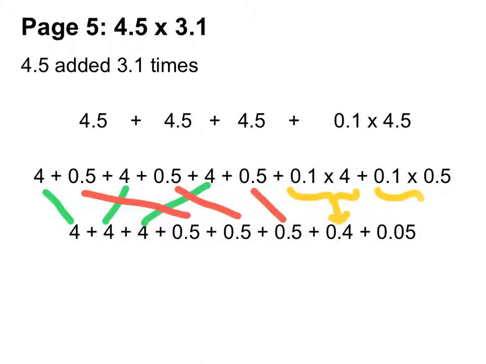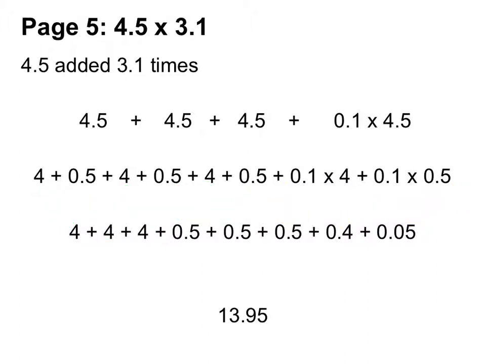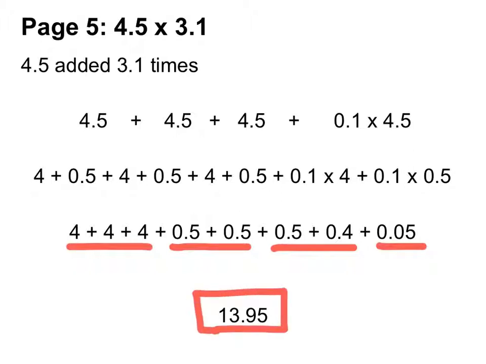And then 1/10 times 5/10 gives me 5/100ths. And now I can just go ahead and add these. Okay, so now I can take the 4 plus 4 plus 4, that's 12. That's a 1, so then that's 13. That's 9/10, so I'm at 13 and 9/10 and 5/100ths. So there's my 13, 9/10 and 5/100ths.